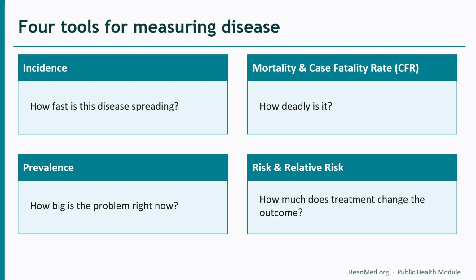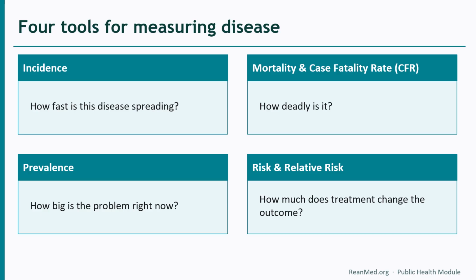Moving on to our last group of tools, we will talk about risk and relative risk. Risk tells us what percent chance does someone have of having a disease or having a bad outcome. What is the chance of it happening? Relative risk is different, but it's related.